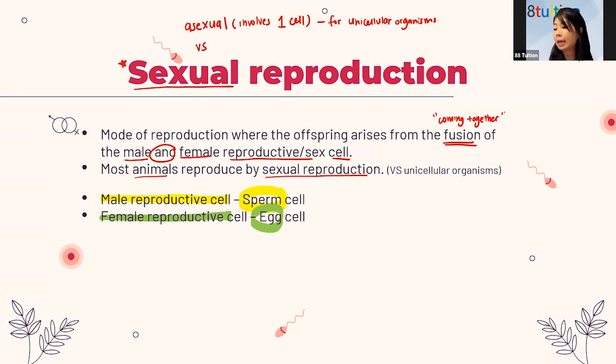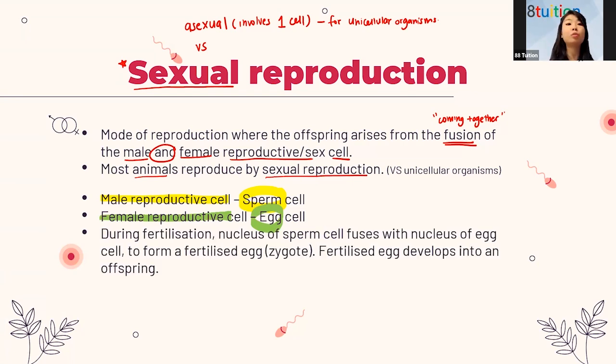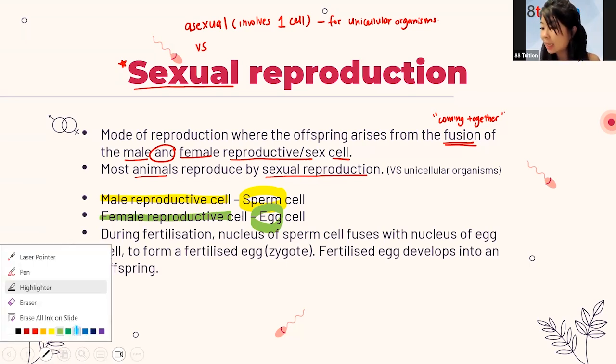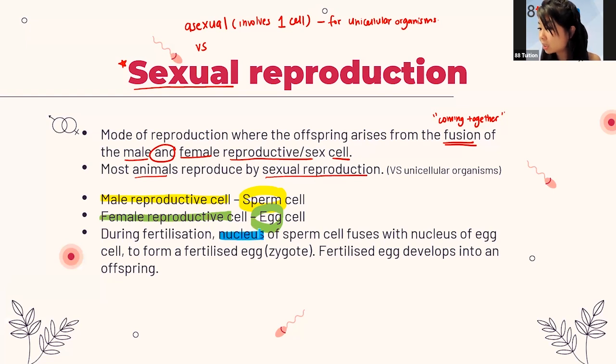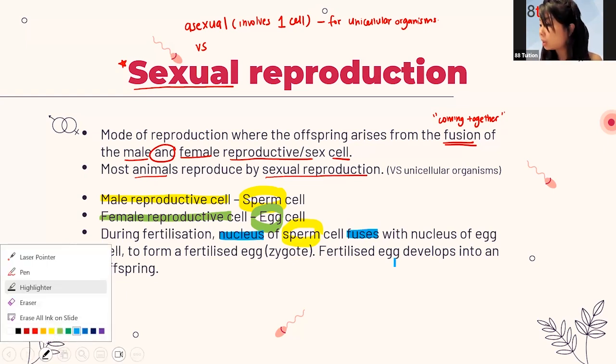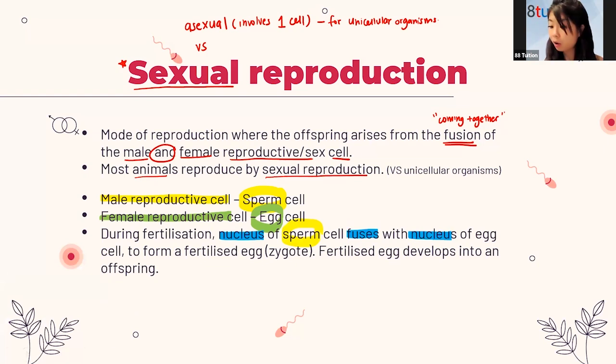Yes, good. Okay. So what happens during fertilization? Basically, the nucleus of the sperm, which is the male cell, will fuse. Fuse means it will join. The nucleus of the sperm will join together with the nucleus of the egg.